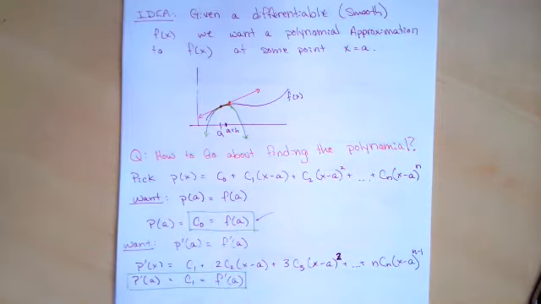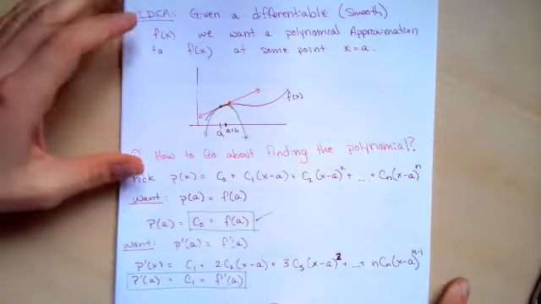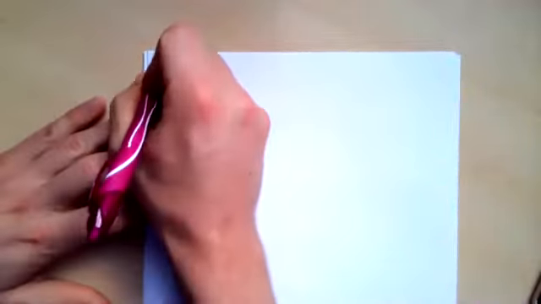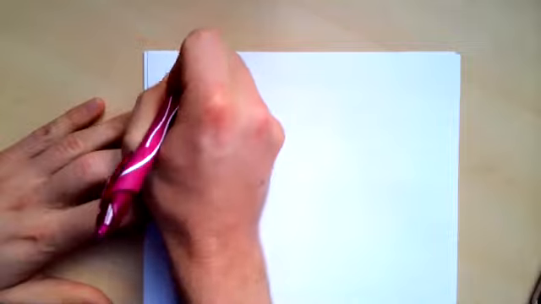Well, we kind of see a little bit of a pattern. Of course, C0 corresponds to the value of the function. C1 corresponds to the first derivative. What should our C2 be? So again, what else do we want? We want to take this a little bit further, because we don't want just an approximating line.